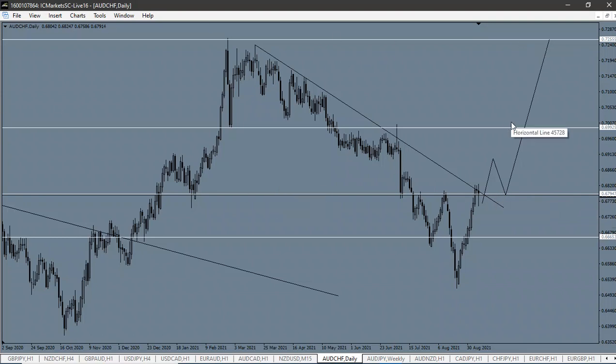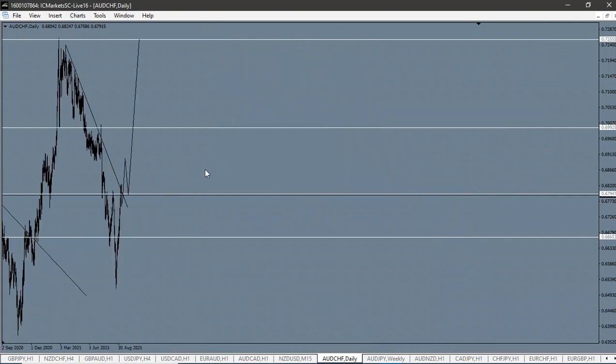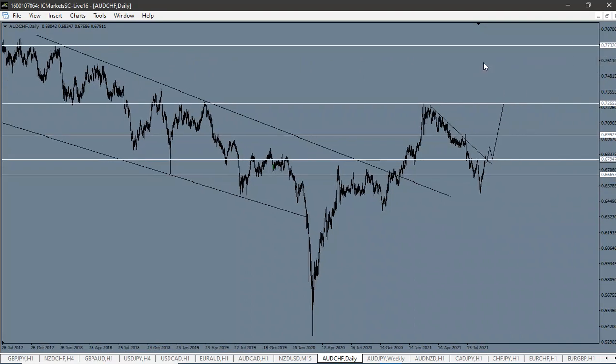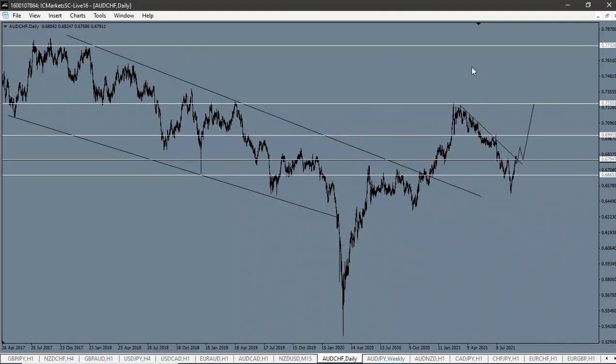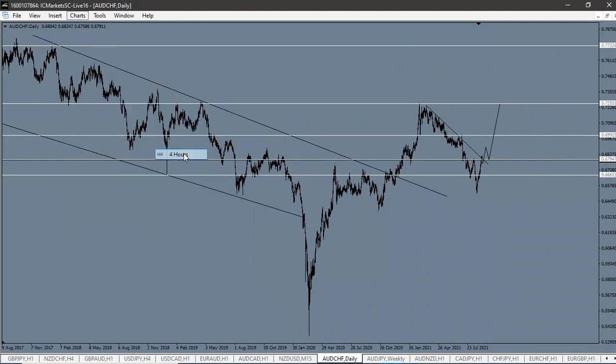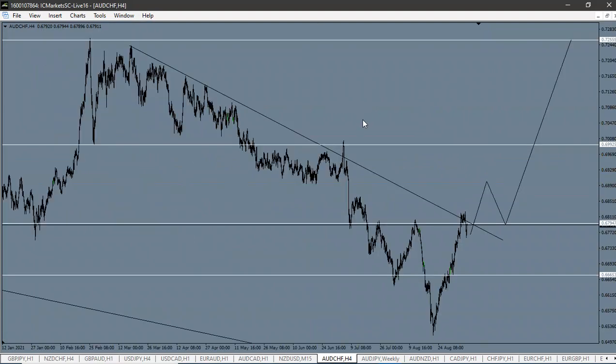And then our first target will be here, second target will be there, and our third target will be right here in this level, because the price crossed this bearish channel and retested it. So we're expecting it to complete this whole move, which may take about a few months to complete. Yeah, so that's what we're going for here on AUDCHF.